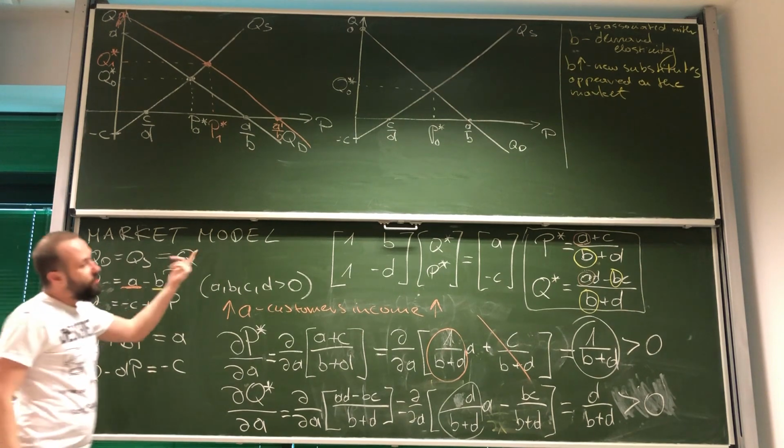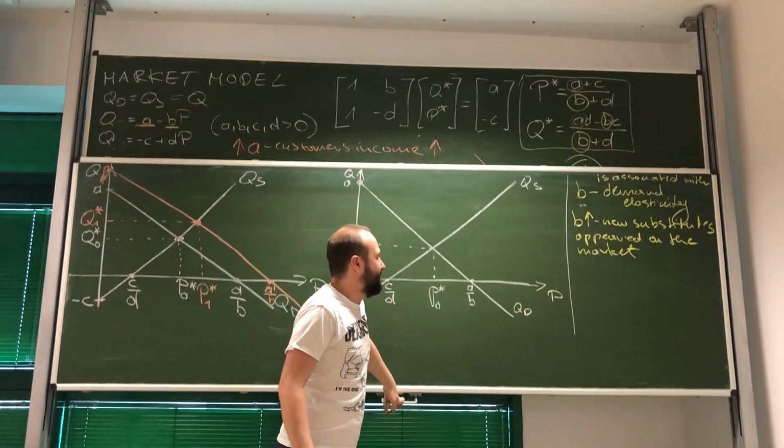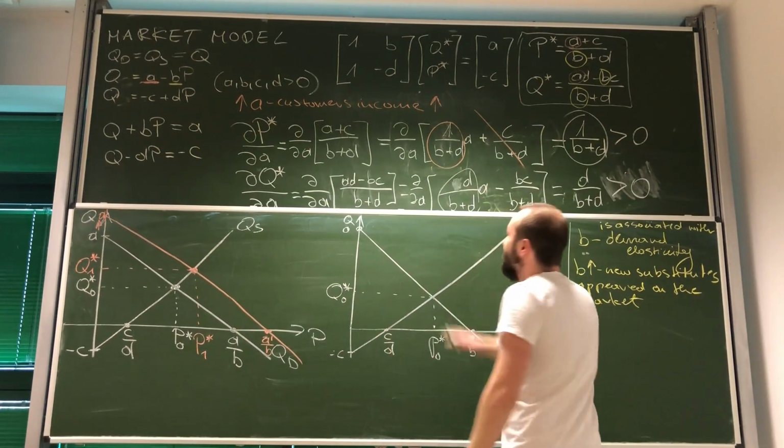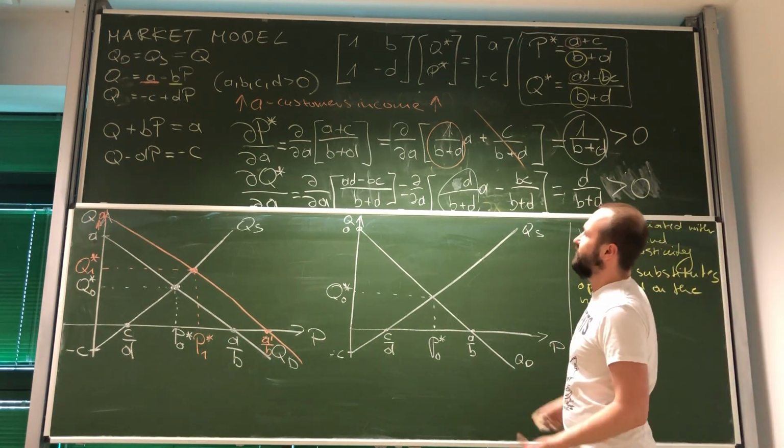So, what we need to do now is to calculate comparative static derivatives, because when we calculate derivatives of equilibrium values, we call them comparative static derivatives, right?